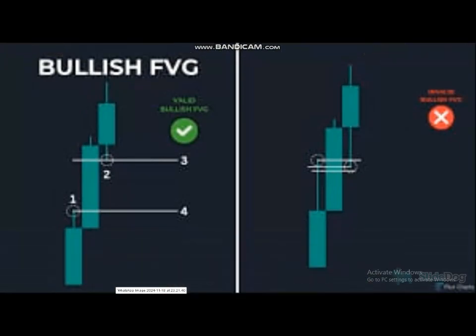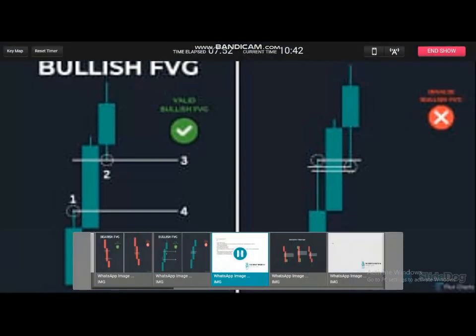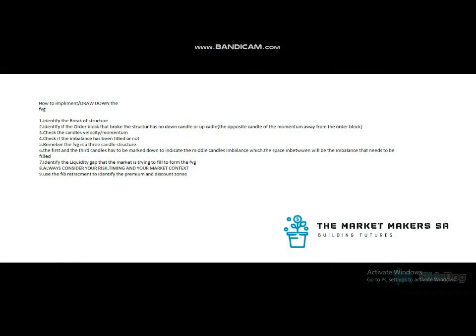As you can see on the invalid one, there was no space for the market maker to come and fill that imbalance, because the market already filled the imbalance with that big gigantic open wick there, and the open wick of the first candle as well was a bit too tight, creating no space for imbalance. So how do you implement or draw down the fair value gap?